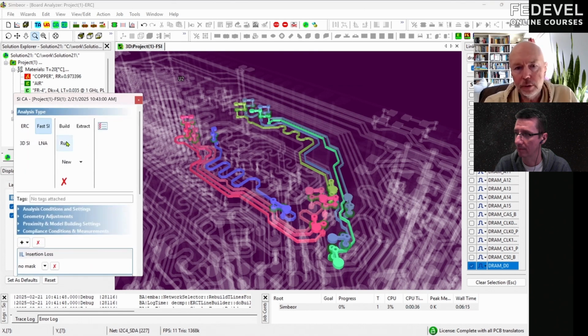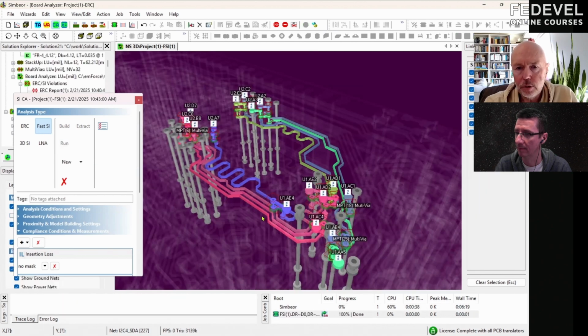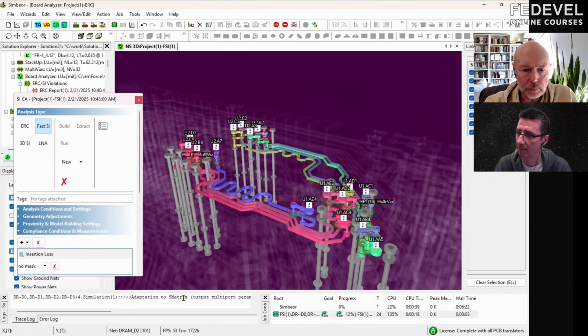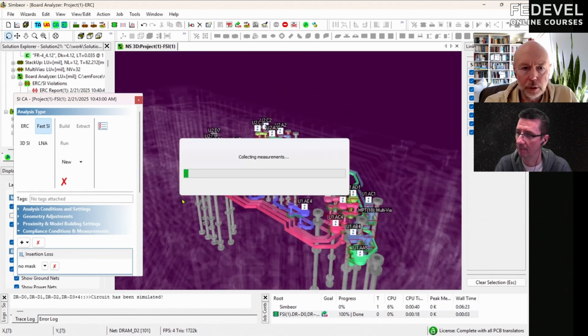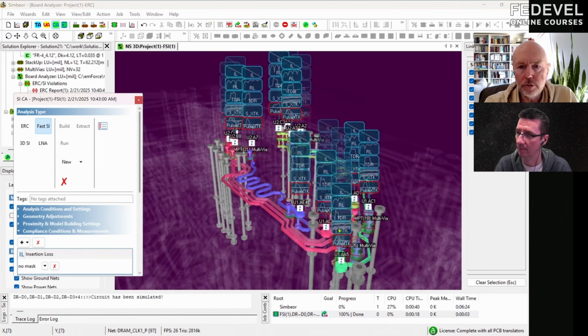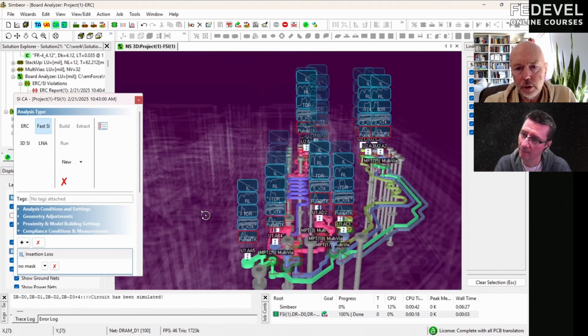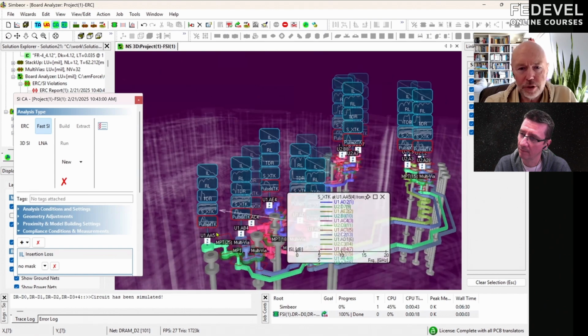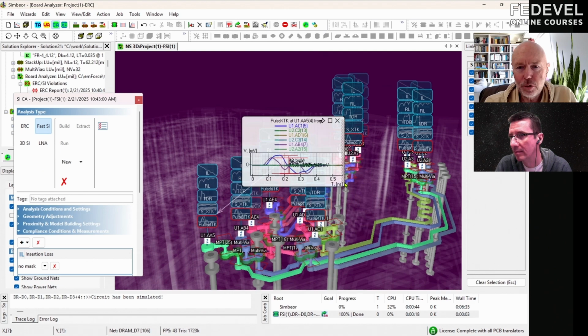Let's report everything above 10 millivolts. And we are doing it in real time without any preparation, without pre-computations here. So Simbeor builds the model right here and runs the analysis. And we can see all those red boxes here. Crosstalk.